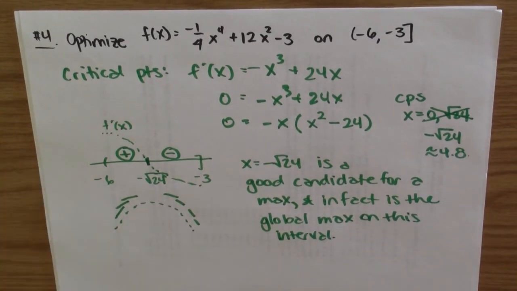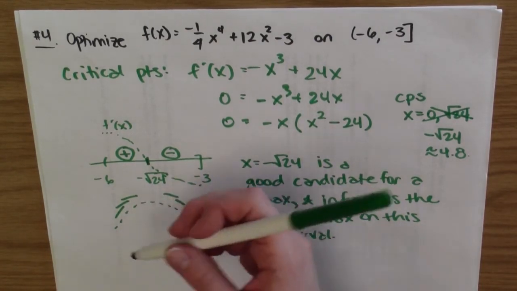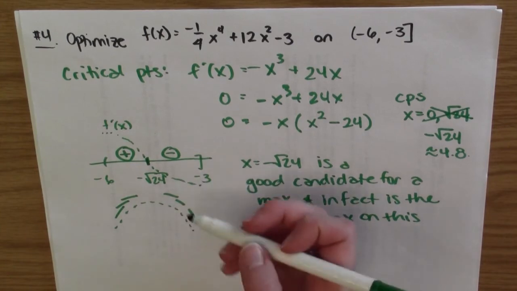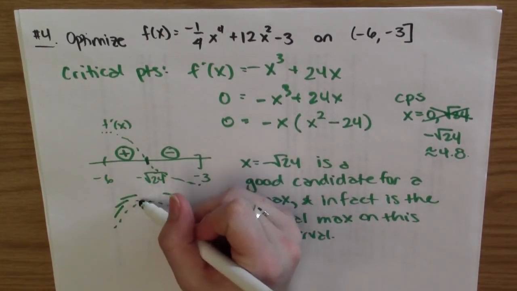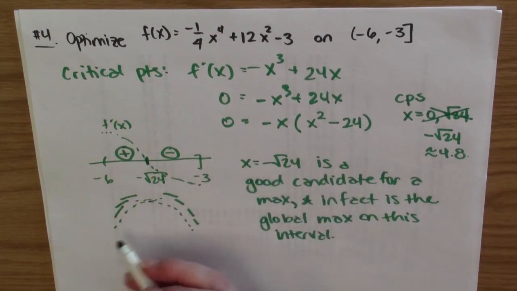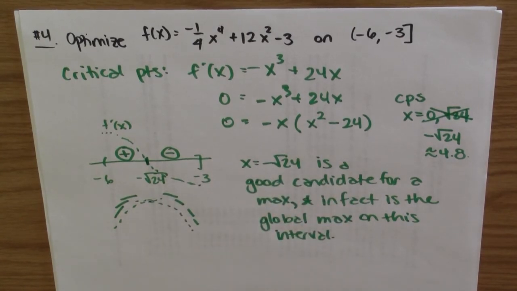The global maximum always depends on what the interval is that you're looking at. The reason has a lot to do with the reason that it was true in the case of concavity. If I come over here to this side, I know that the function has this sort of shape based on what the first derivative is telling me. So at the critical point, I must be at a maximum, whereas on the two endpoints, I must have smaller values. The function can't come up again because of the fact that it has to have this shape.